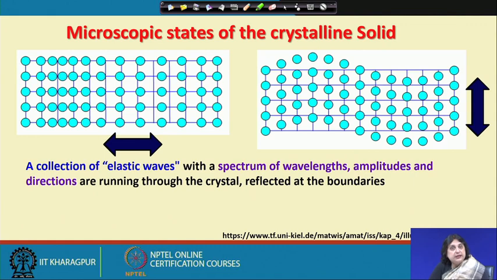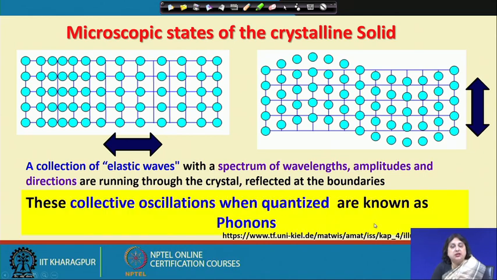And simply because these are solid atoms, they can only execute a small amplitude vibrational motion about their mean equilibrium position, which is at the lattice points. Now, in the literature, these collective oscillations resulting from the displacement or the vibration of these atoms about their mean lattice positions, these collective oscillations, when quantized, are given the name phonons.